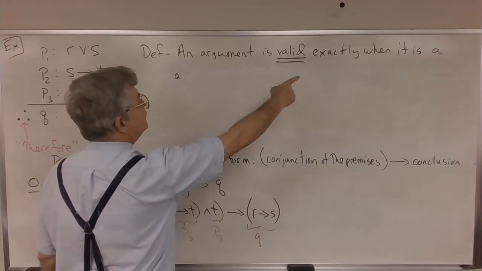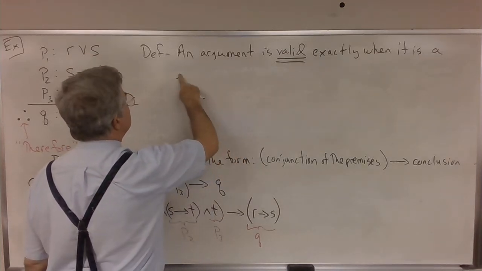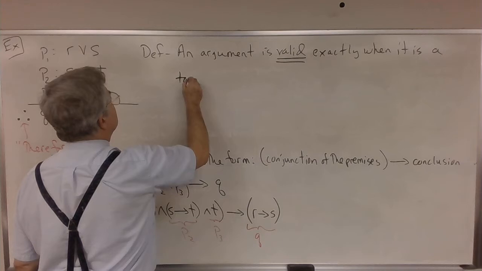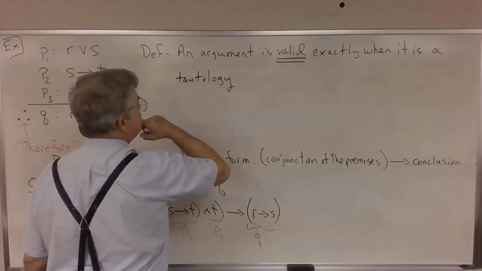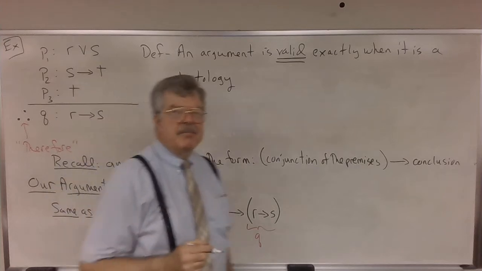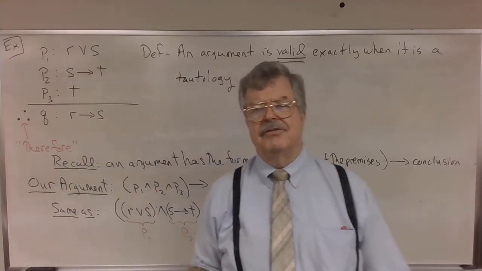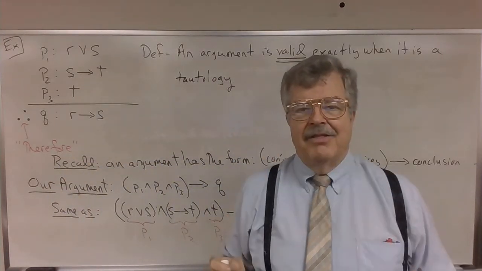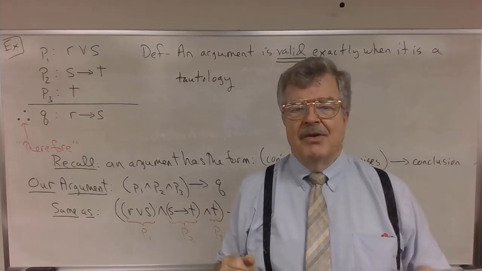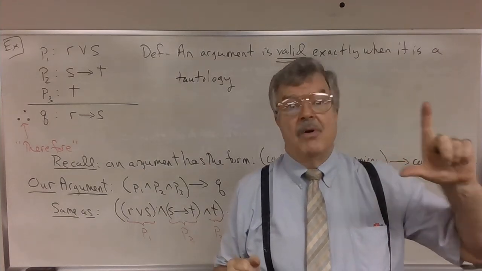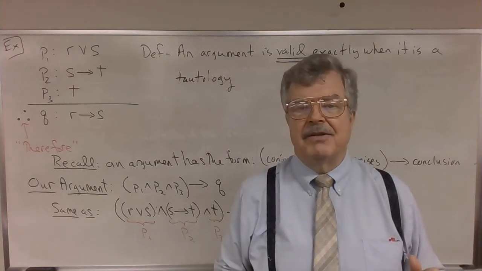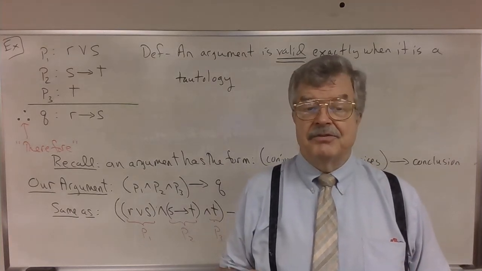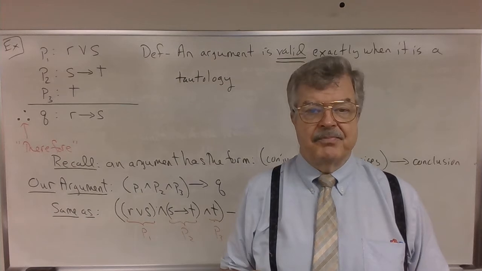So an argument is valid exactly when it is a tautology. Now, do we remember what a tautology is? That's a statement whose truth values are always true, regardless of the combination of truth values of the simple statements that make it up.